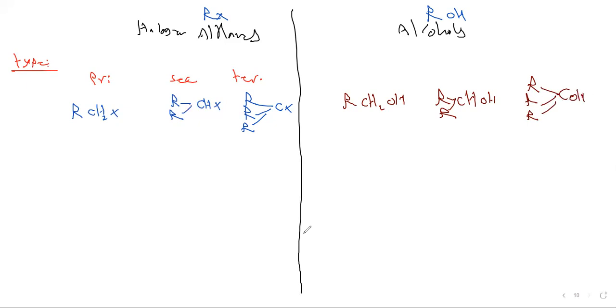After that, for oxidation, primary would be oxidized into aldehyde, then carboxylic acid.